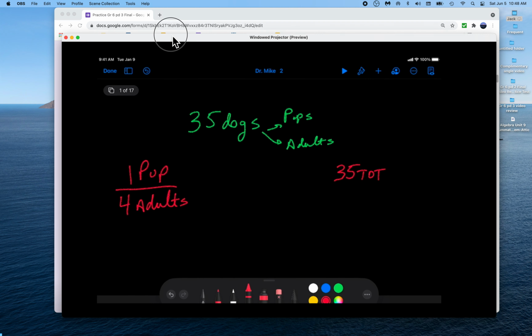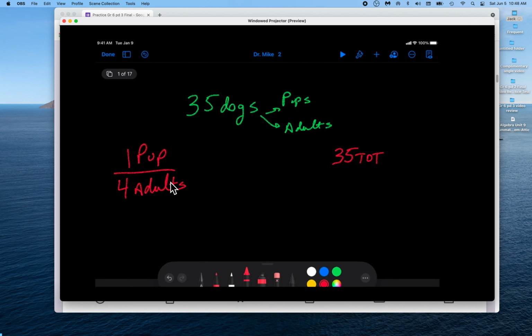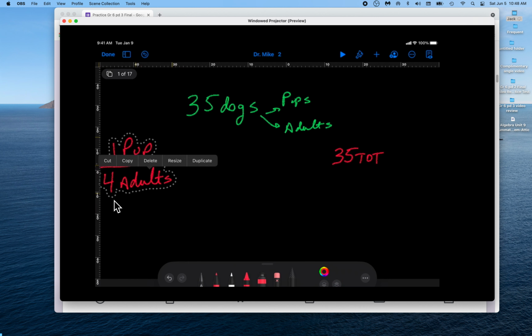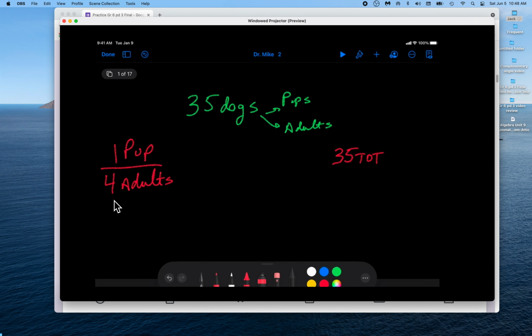The successful solving of this problem is predicated on you recognizing something very important. The fact that 1 puppy for every 4 adults also means that you have 1 puppy for every 5 dogs.